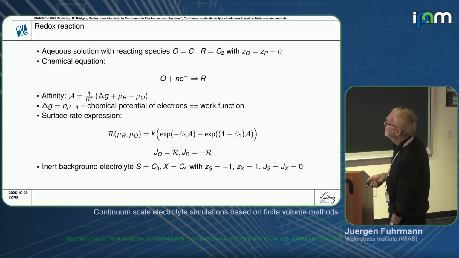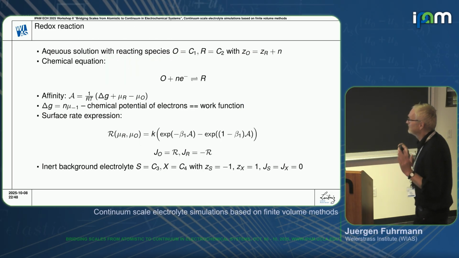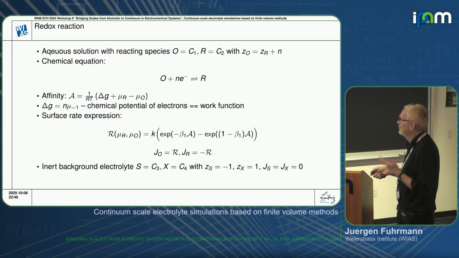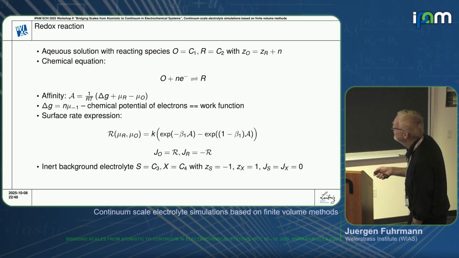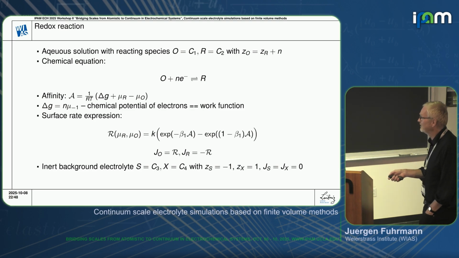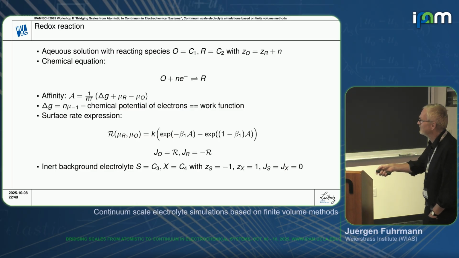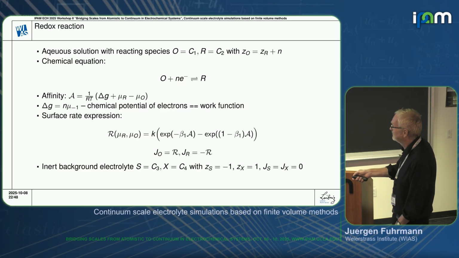And then we can just look at these expressions. For instance, assume we have a simple redox reaction, where we have the species R and O with this simple chemical reaction. Then this would be our affinity. Here we would also introduce the chemical potential of the electrons, or the work function, as a parameter in this affinity term.